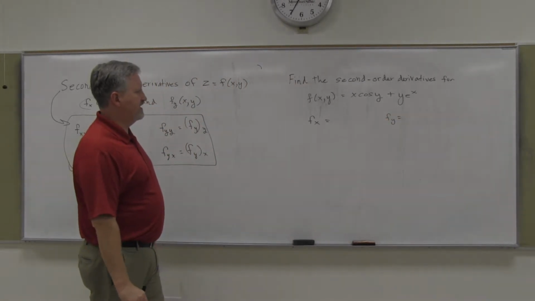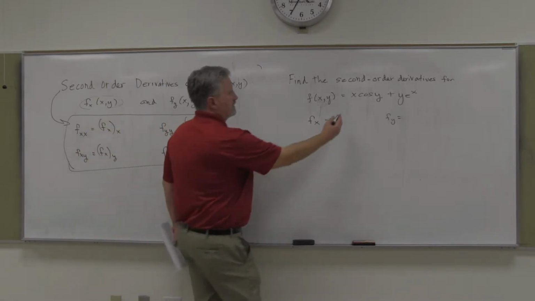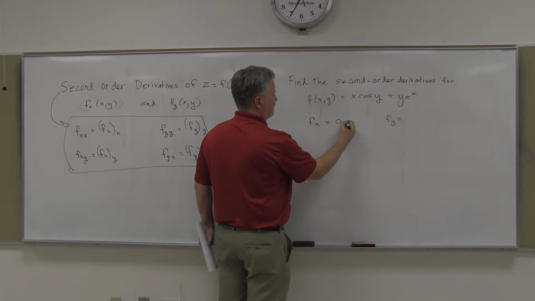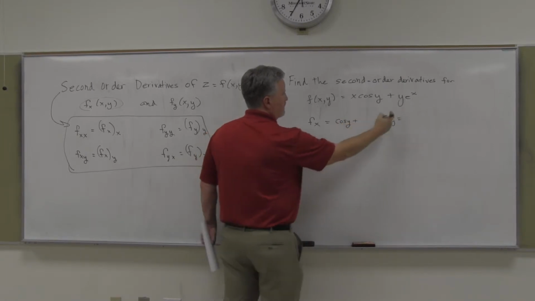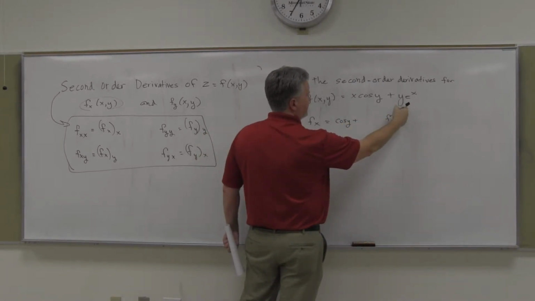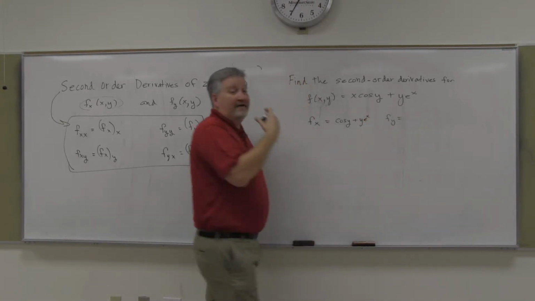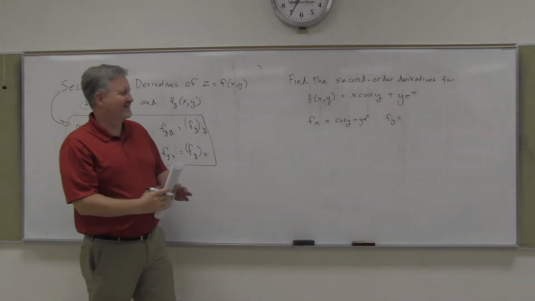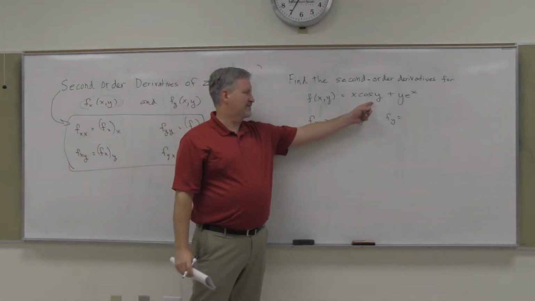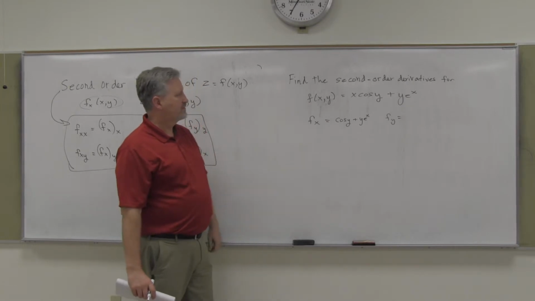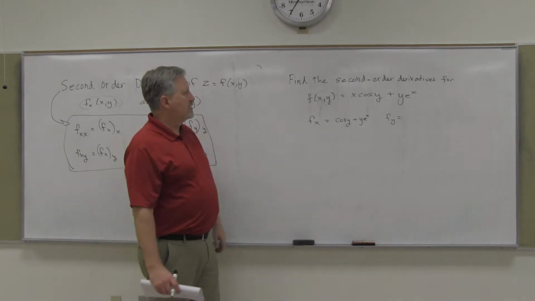So with respect to x, that part would just be cosine y. And then the derivative of y e to the x with respect to x would just be y e to the x, because you don't need the product rule there. That's good news, because the other one's in terms of y, so its derivative is just 1. Pretty nice.